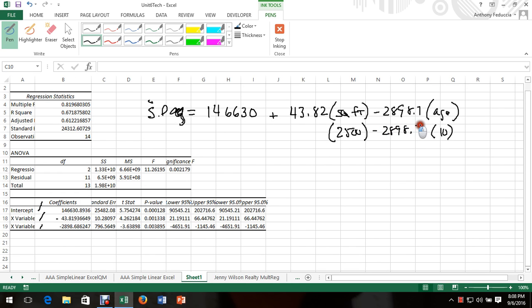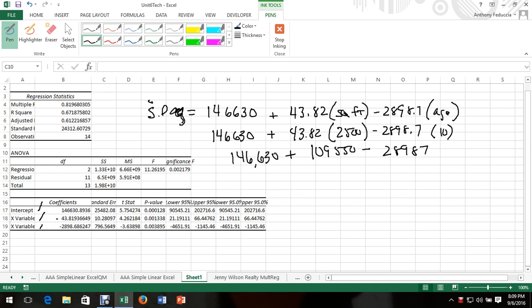We got 43.82 plus 14,630. So if we, let me get my calculator out, if we have 43.82, and I rounded so it might not be exact, times 2,500, that's 109,550, minus 2,898.7, we just multiply by 10, 28,987.